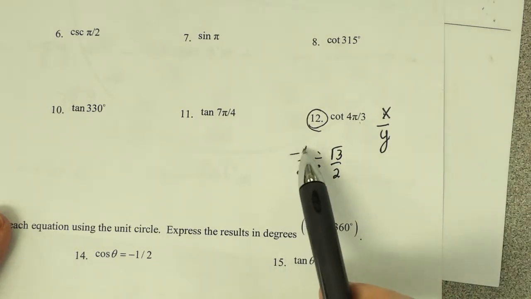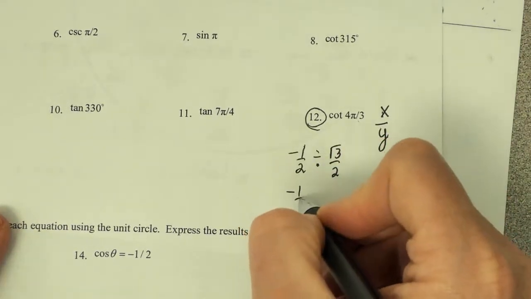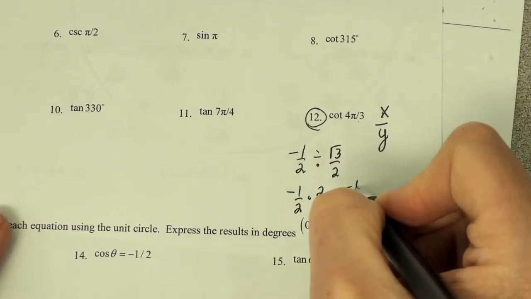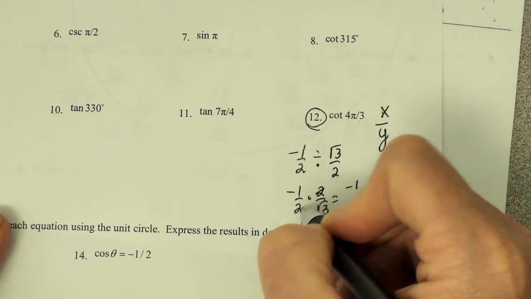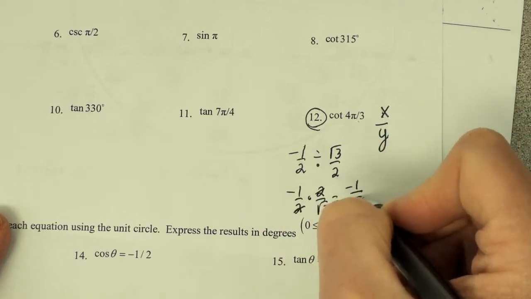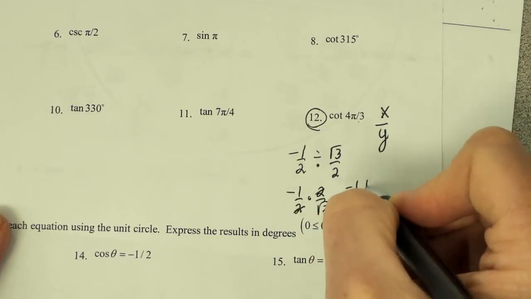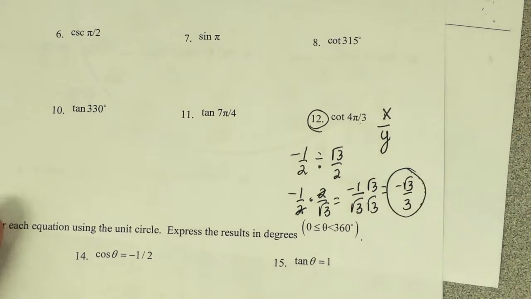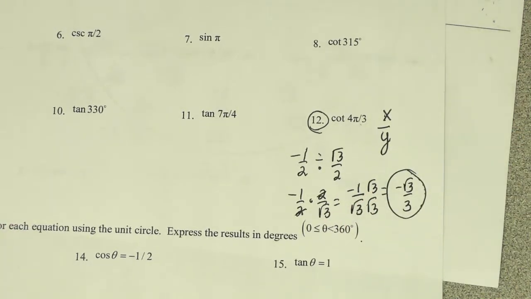And so if I have to do this, I'm going to multiply by the reciprocal, and I get negative, these 2's can cancel, so I have negative 1 over radical 3. I can rationalize that, and I get negative radical 3 over 3 for that answer. Yes?